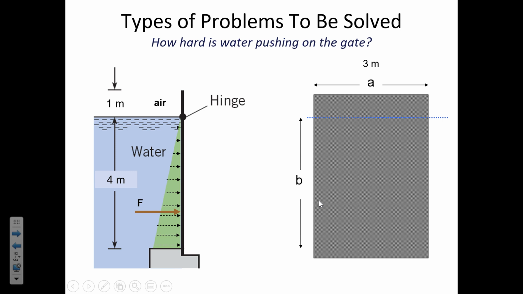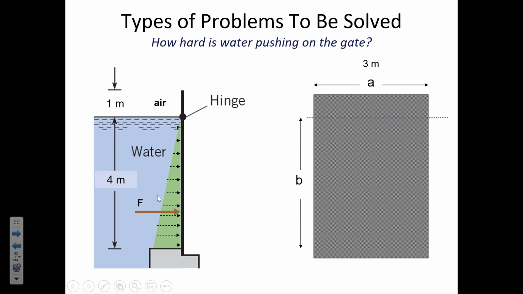Remember, force is pressure times area. If we think about the units, pressure is newtons per meter squared and area is meters squared. That will give us units of newtons on the left-hand side of the equation, which is what we'd expect if we're quantifying the force.